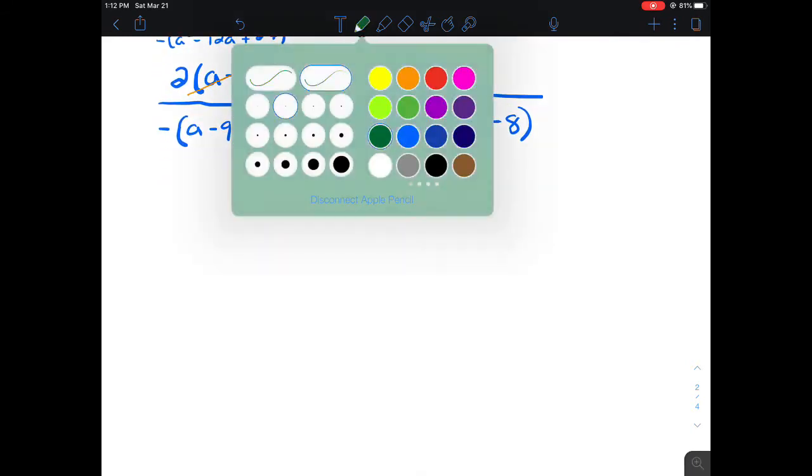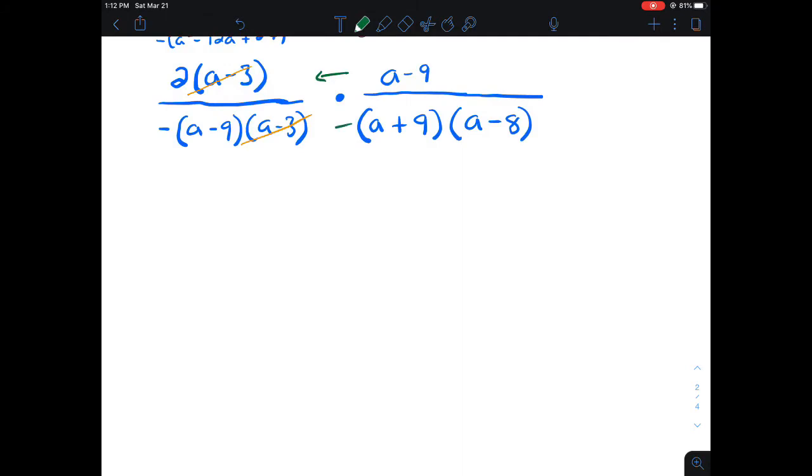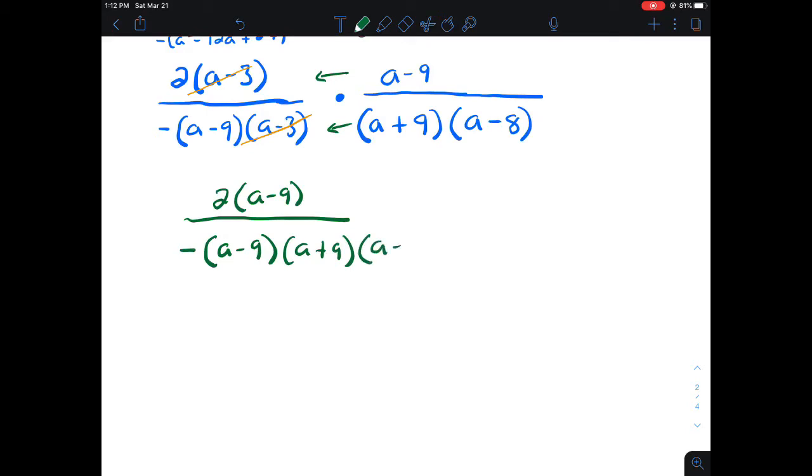When we multiply fractions, remember, we multiply straight across. So I would have 2 times a minus 9 over negative 1 times a minus 9 times a plus 9 times a minus 8.